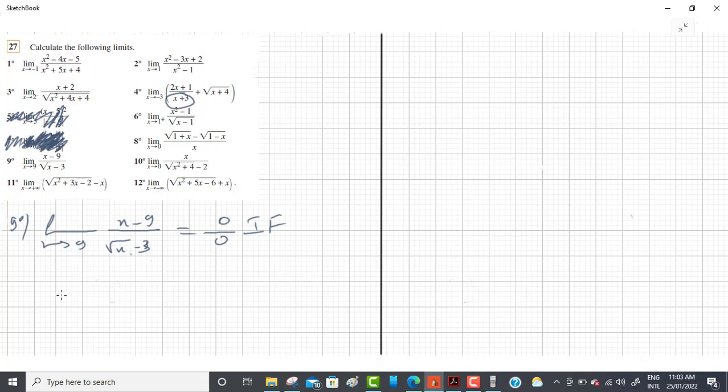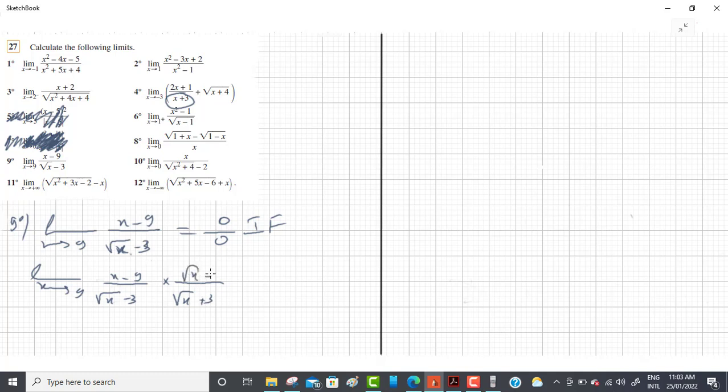Usually you have to factorize, but in this case you don't factorize because you have a radical, so you only multiply by the conjugate. So limit as x tends to 9 of x minus 9 over radical x minus 3. The conjugate of the denominator, radical x minus 3, is radical x plus 3.